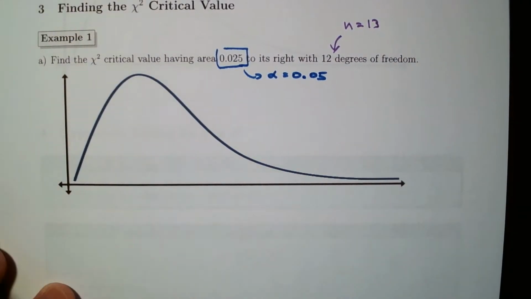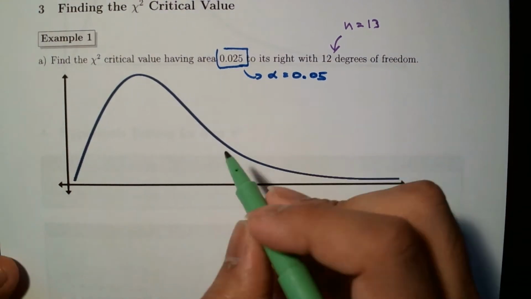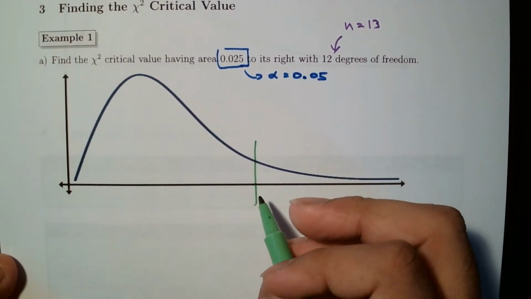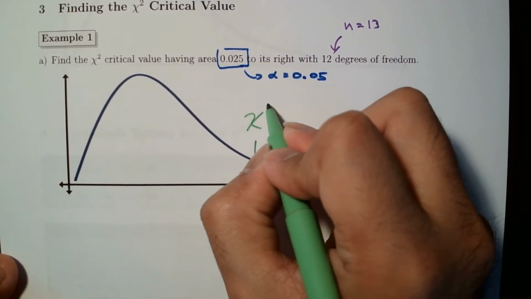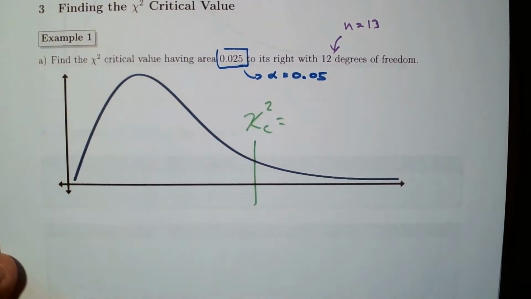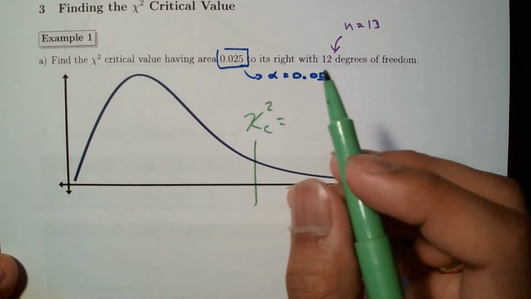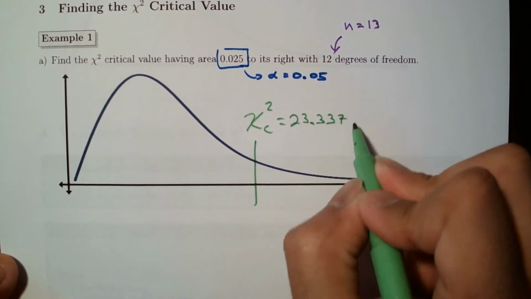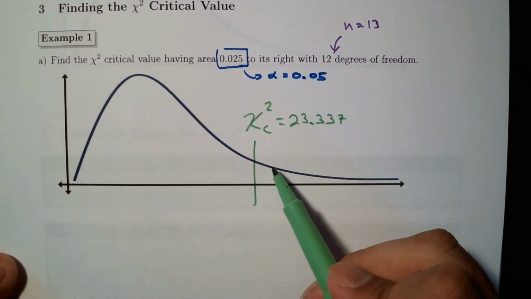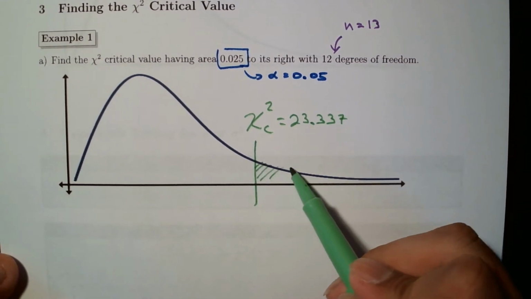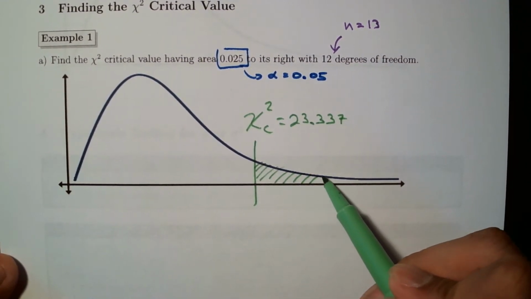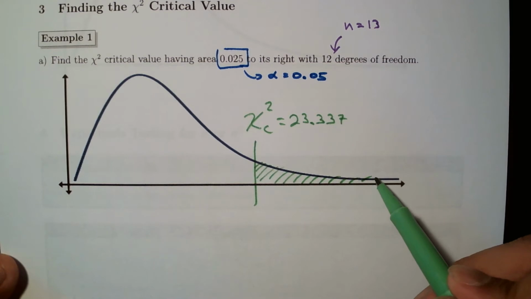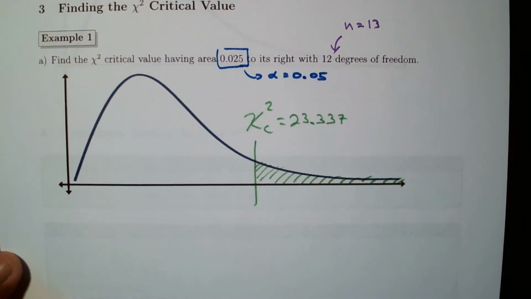In this case, chi-squared critical equals 23.337. Because it's on the right, we're going to shade to the right.